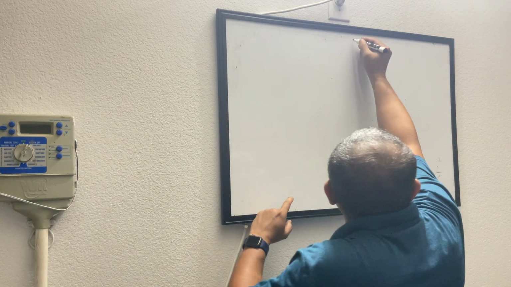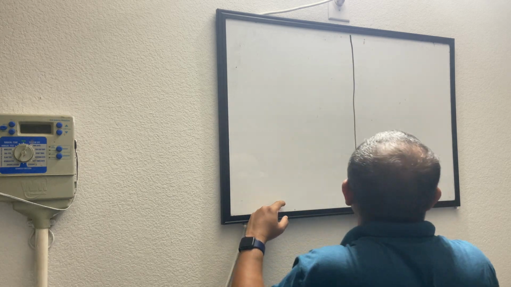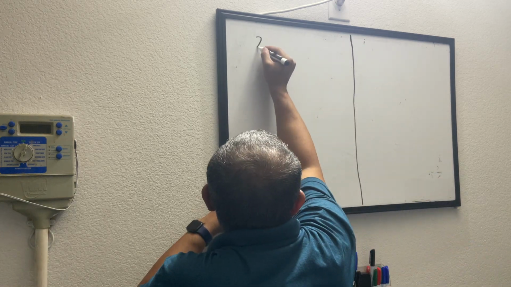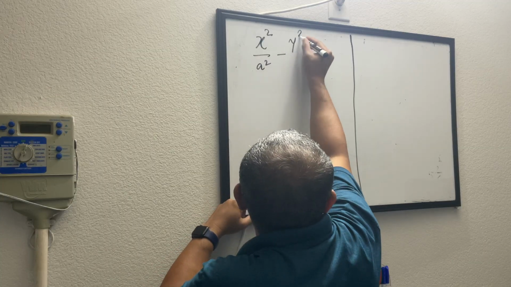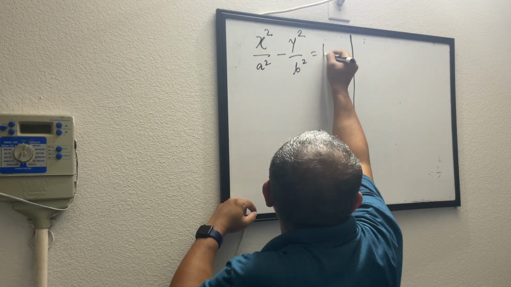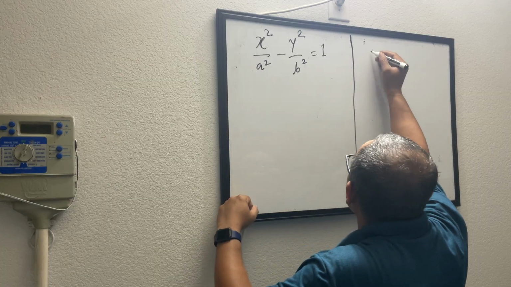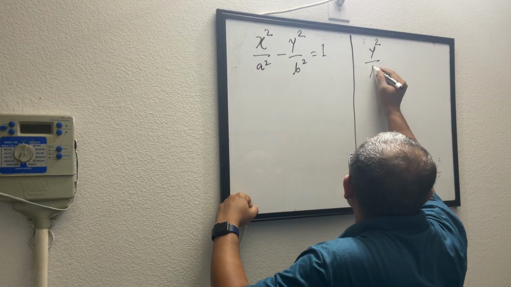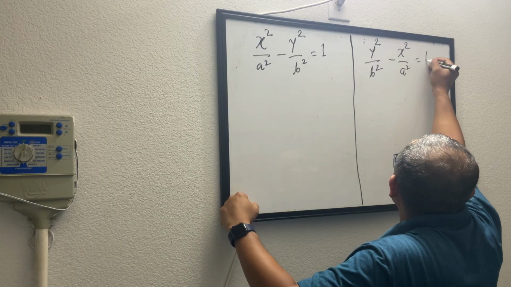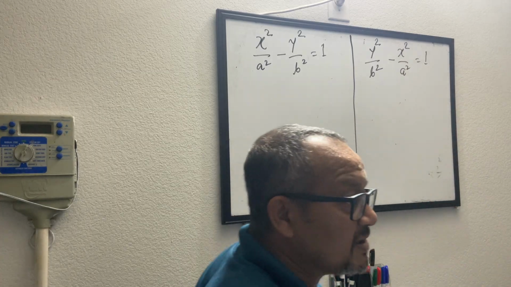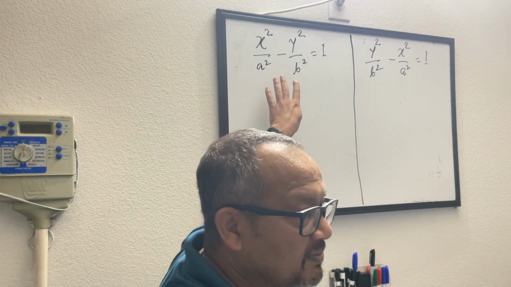Now I was telling you that my hyperbola can be written in two different ways: x squared by a squared minus y squared by b squared equal to 1, or y squared by b squared minus x squared by a squared equal to 1. These are my two scenarios for the hyperbola.